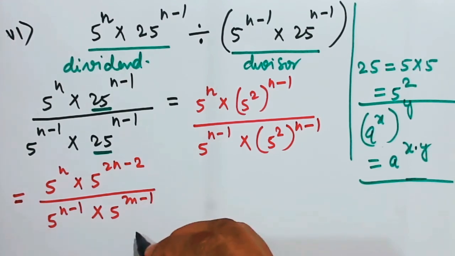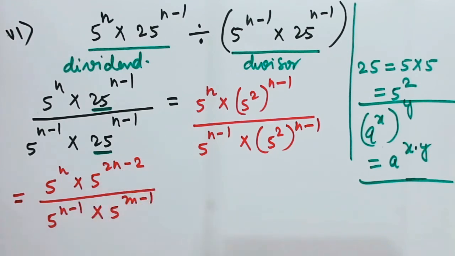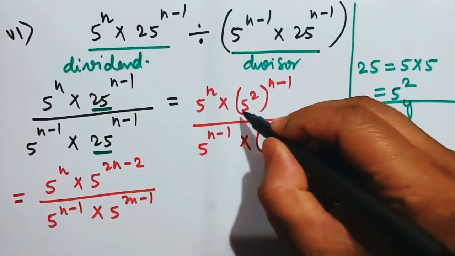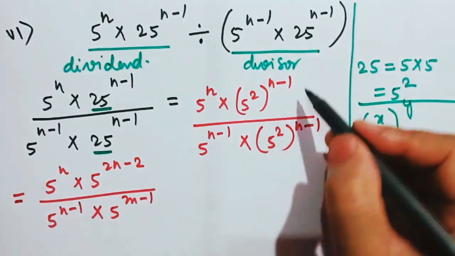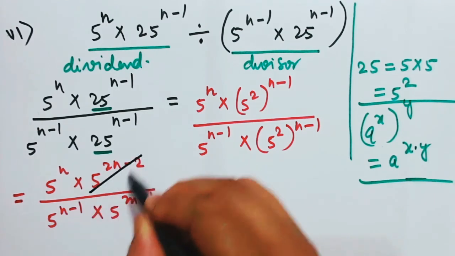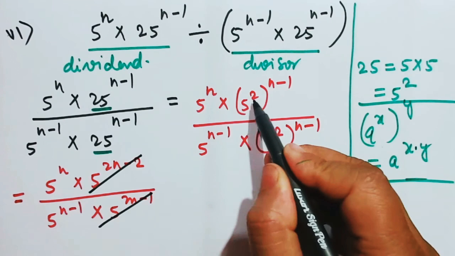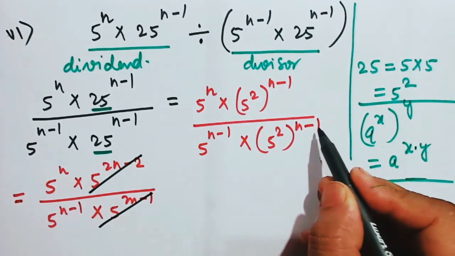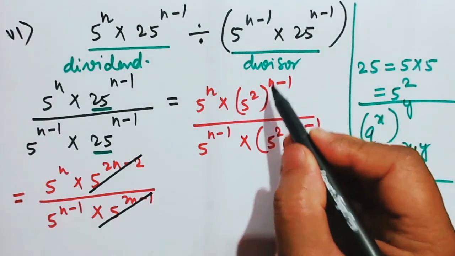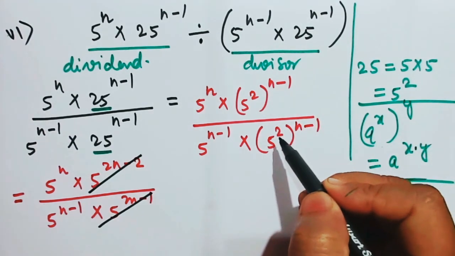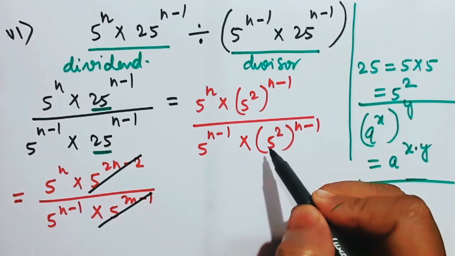What I observe is that instead of writing this one, you can cancel this here only. If you are not able to cancel over here, you can cancel here also. You can see that 5 square n minus 1, 5 square n minus 1, so either you cancel it over here or over here. Clear? I hope you have understood it.